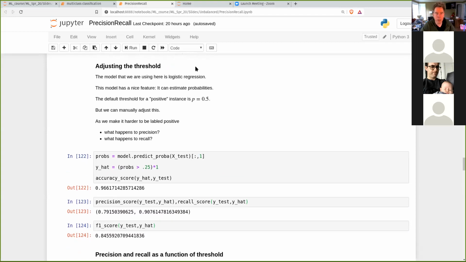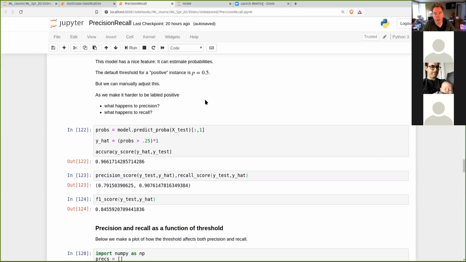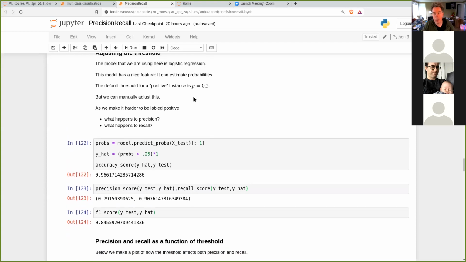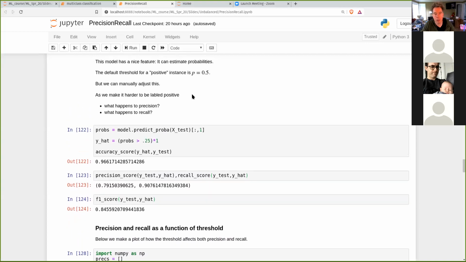Logistic regression gives a nice way to trade off between the two, because remember, logistic regression really estimates probabilities, and then usually we threshold those into predictions. By default, we predict 3 if the probability is greater than or equal to a half. But we can change that threshold. If we make the threshold go up, then it becomes harder to be classified as a 3. If we make the threshold go down, then it becomes easier to be considered a 3.